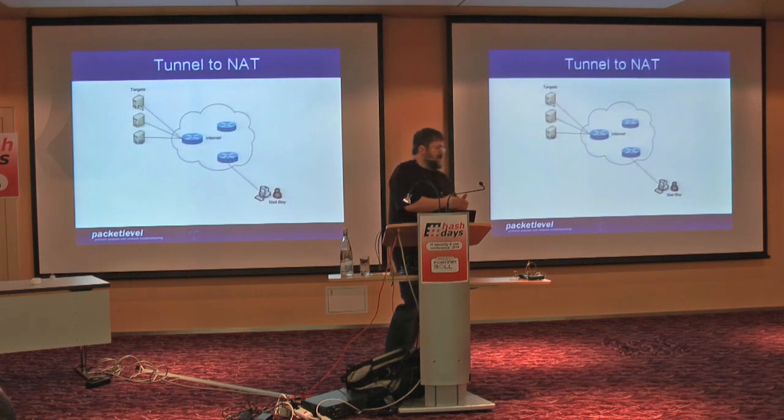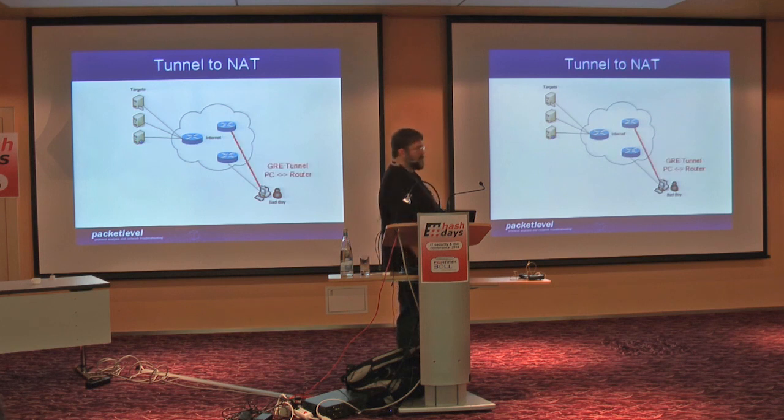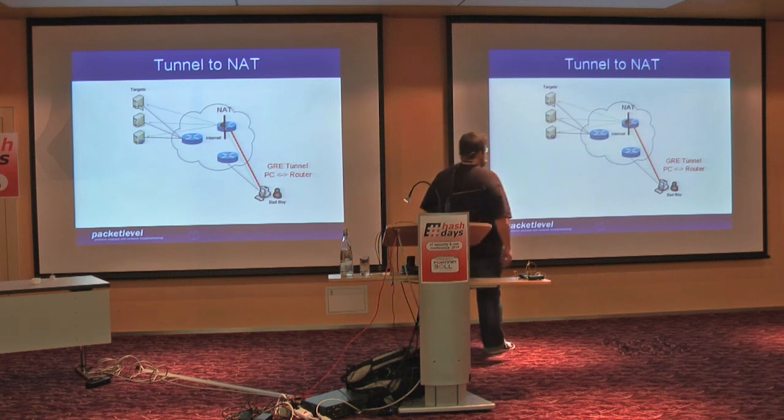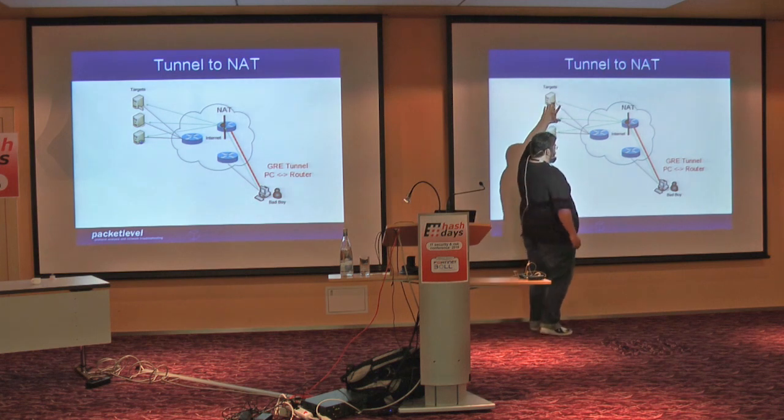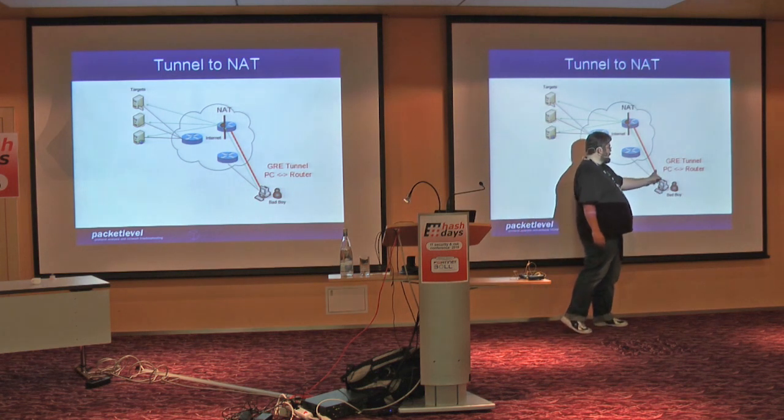It works like this. We have some targets, we have some routers, we have the bad guy down there. They build a GRE tunnel or another tunnel from his client to some router he has owned. He creates a NAT, and then he makes sure that all the traffic to the target goes to the tunnel.